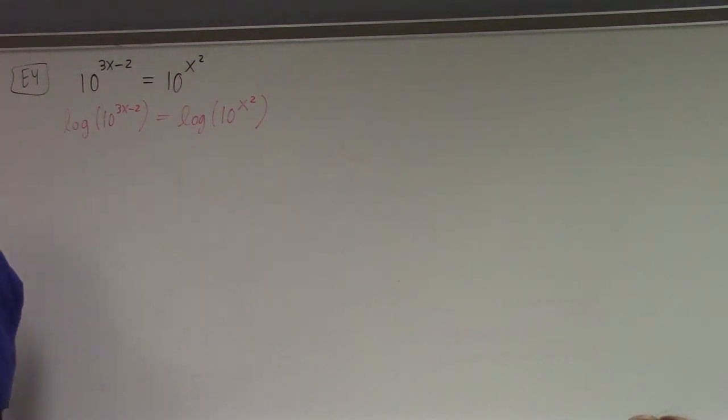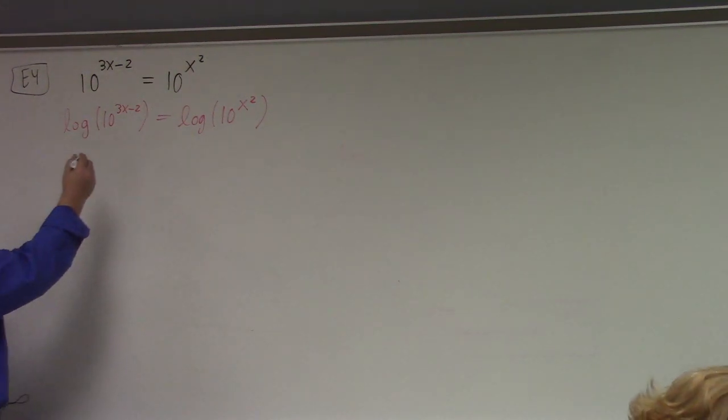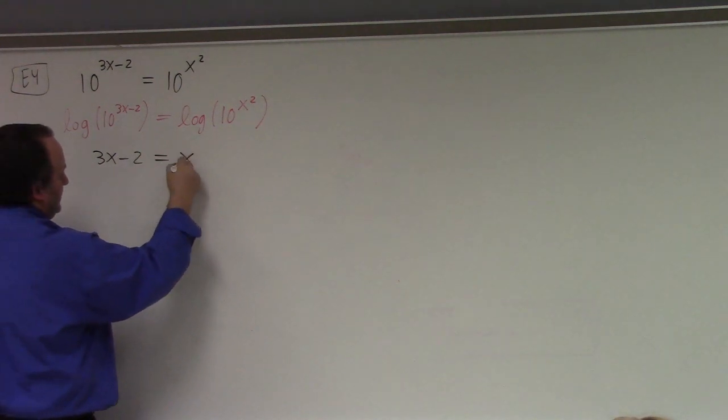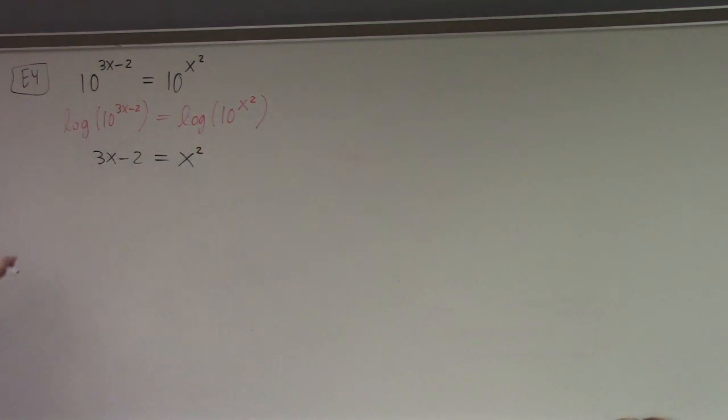And as such, we get 3x minus 2 is equal to x squared. Now, of course, that is exactly where you would have gotten to by using the one-to-one property. But I'd like to point out we can think of it as taking the log of the equation.